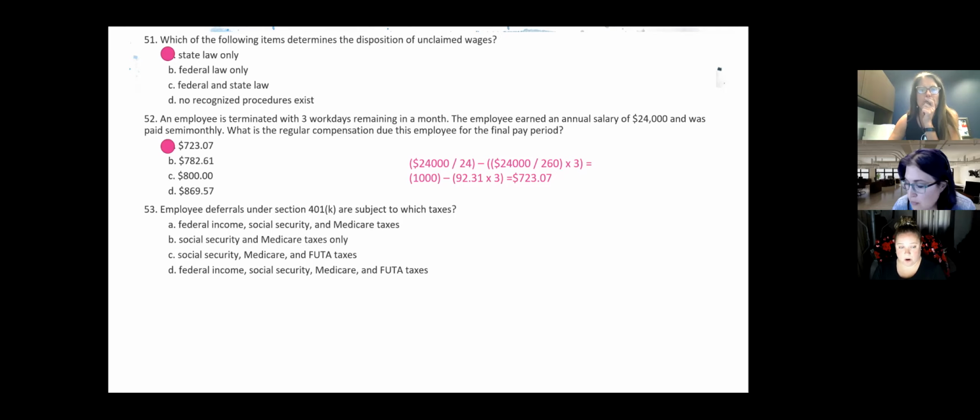Employee deferrals under section 401k are subject to which taxes?